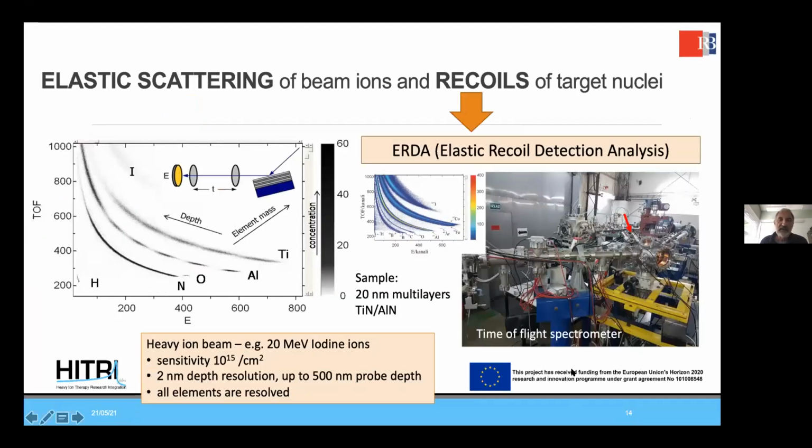The other technique based on scattering is detecting recoils. The beam comes from here in this example.